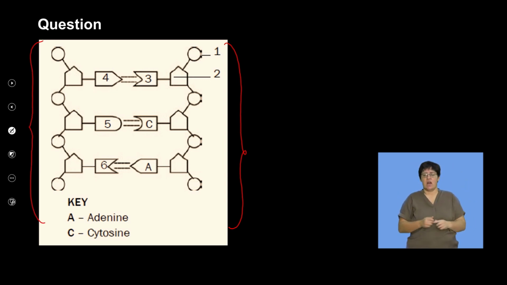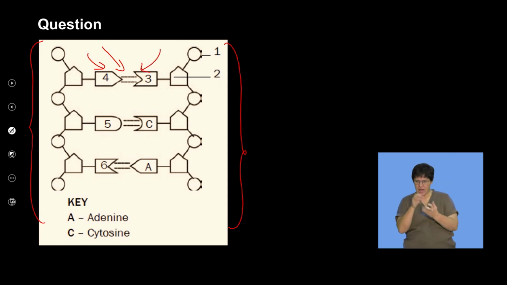We've got some structures that are labeled, and these clearly indicate a specific shape, and these shapes are unique in that you can see that only this structure, number 4, can connect with number 3, and so that uniqueness is based on the complementary base pairing.